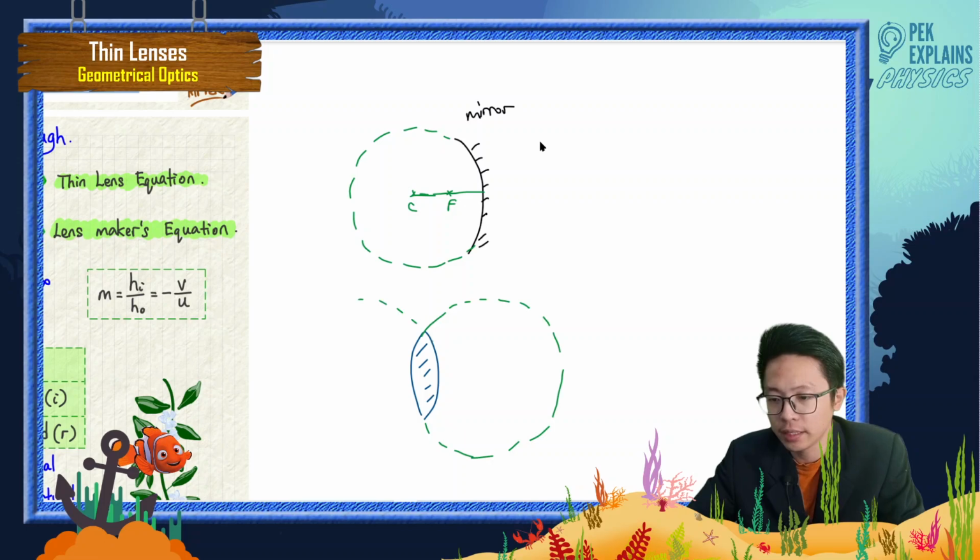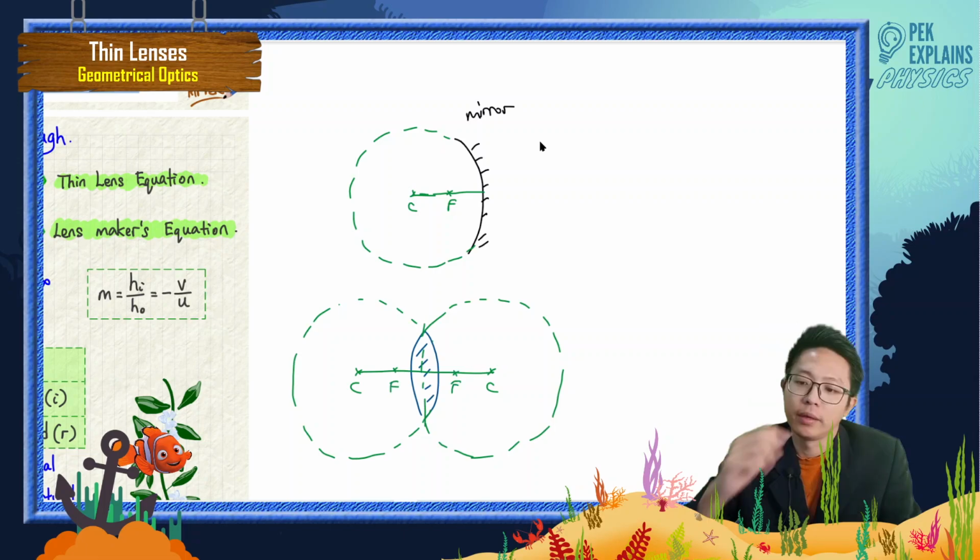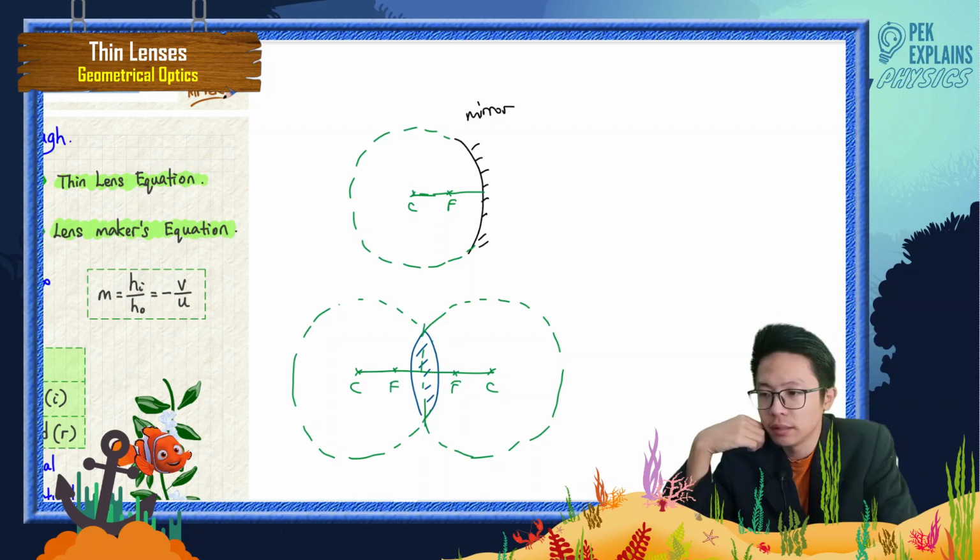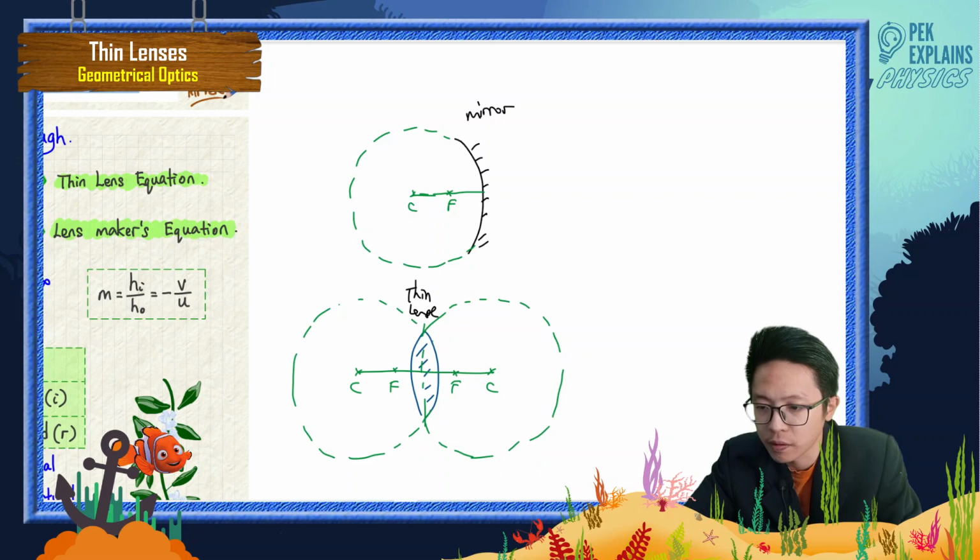You see that? So it has two centers of curvature, and of course two focal points. Understand? This is what we call a lens, a thin lens.